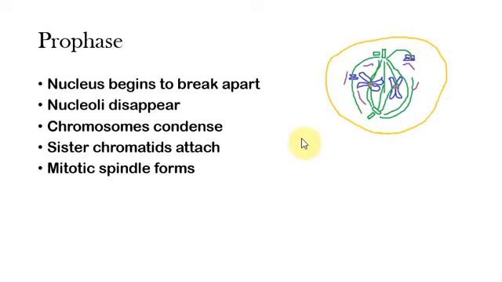In addition to this, the sister chromatids, meaning two identical chromosomes, will attach to each other and form what's called a kinetochore right there. It's that protein part in the middle of the two chromatids. In addition to this, those centrosomes form the mitotic spindle.